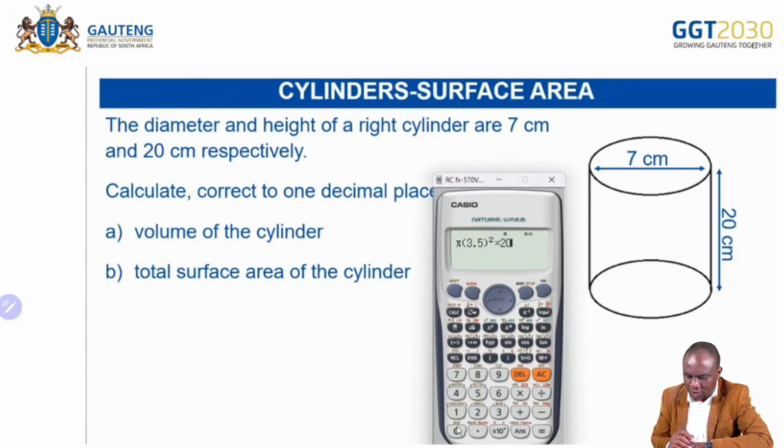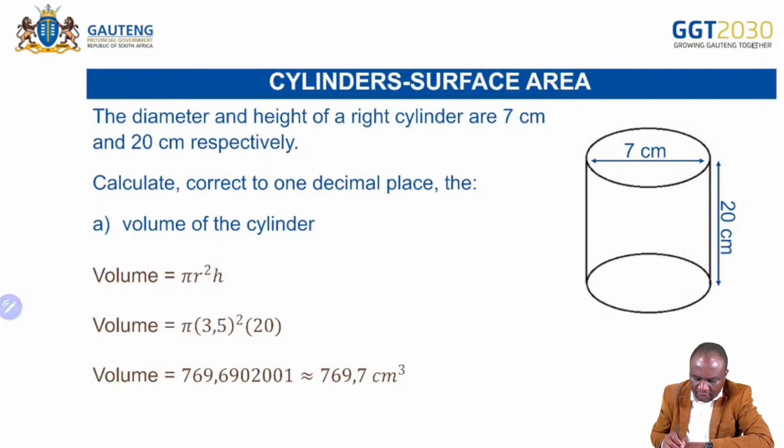The height of the cylinder is 20, and then equals. And then you can press SD to get your decimal fraction there. That's the answer there, okay? And then just write your answer and make sure you round off correctly. Okay, that's how you use the calculator, and use the pi in the calculator.